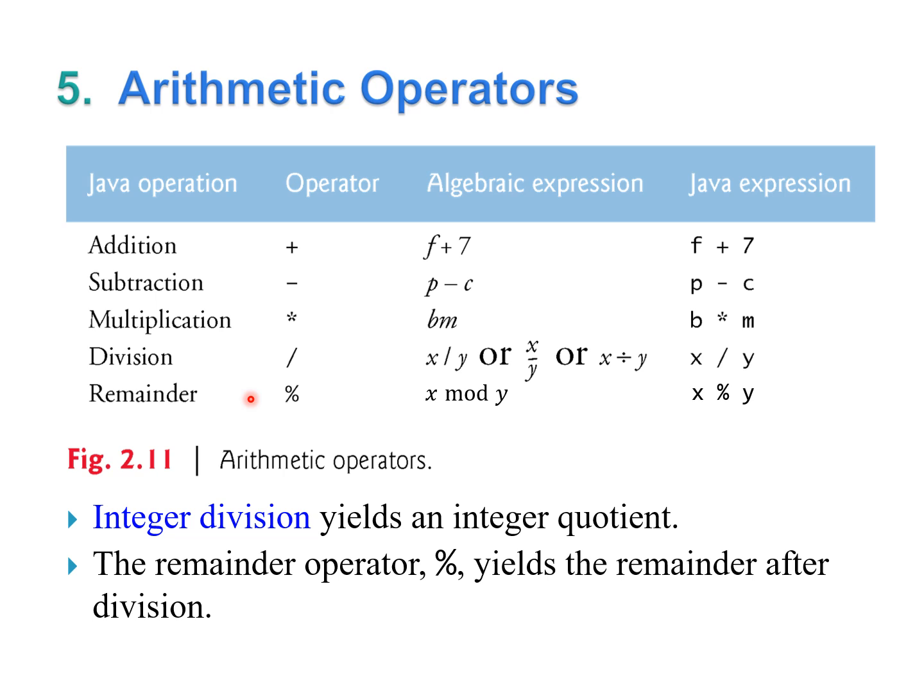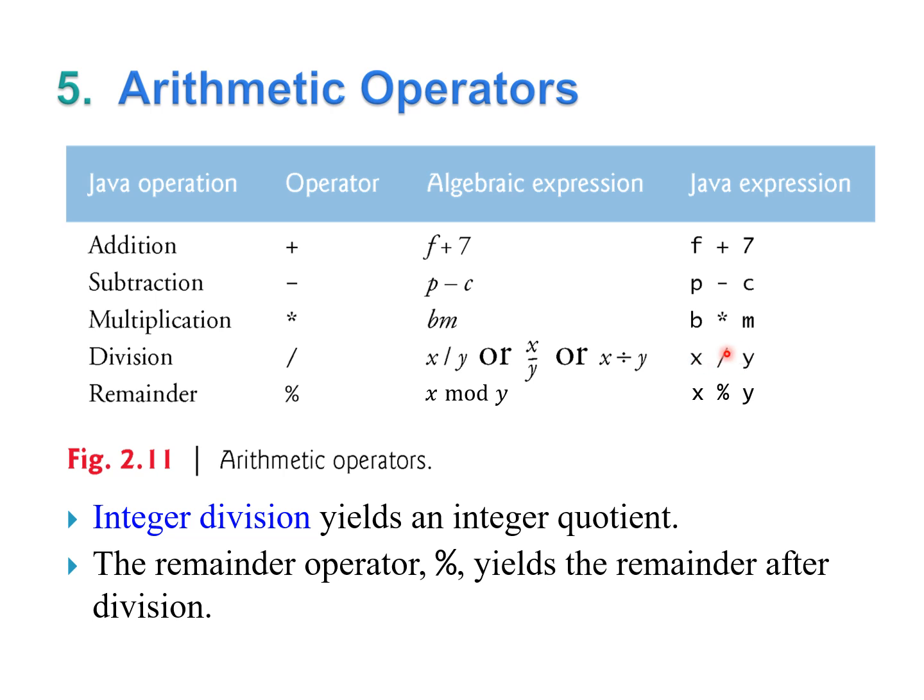Recall that in mathematics, when you divide an integer by another integer, you get an integer quotient and a remainder. However, in Java, when you write the expression x / y, where both x and y are integers, the result of this expression is the integer quotient of the division.